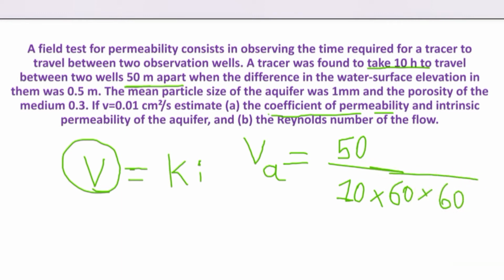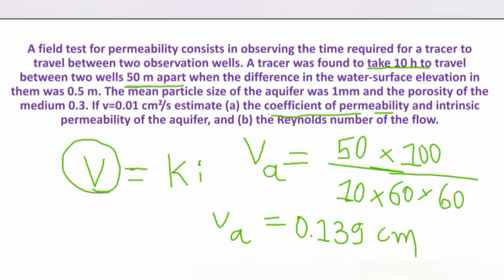And here also we are converting 50 meter to centimeter. So we'll multiply it with 100. So the actual velocity is equal to 0.139 centimeter per second.